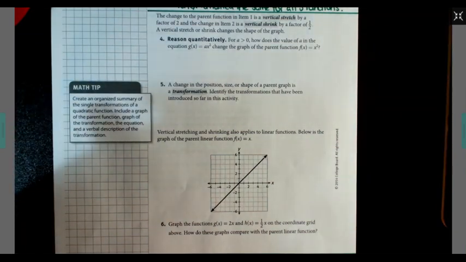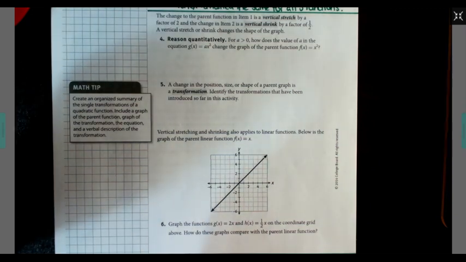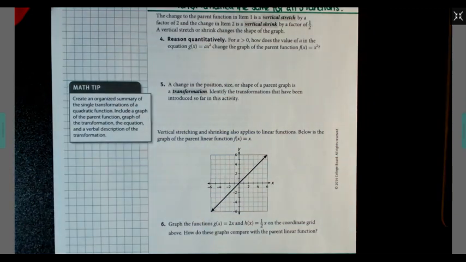Number 4, reason quantitatively. For a greater than 0, how does the value of a in the equation g of x equals ax squared change the graph of the parent function f of x equals x squared?